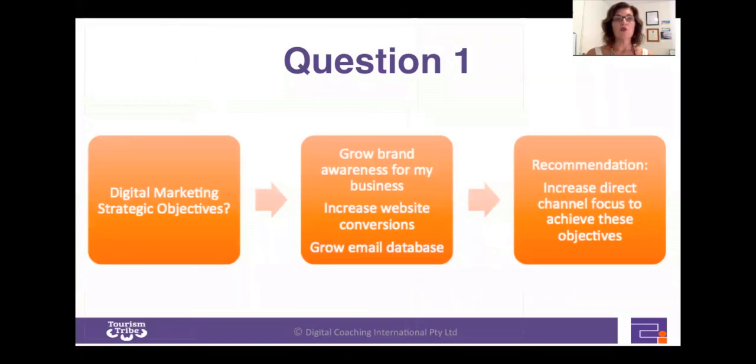Question 1 is, what are your digital marketing strategy objectives? So it might be grow brand awareness for my business. Thinking about that question Deborah just asked before, my answer on balance was, do everything you can on the OTA channels to make your business really stand out there, but do everything you can to get your customer to actually find your website directly, content that is sitting on your website, through Google, or find your social media channel.